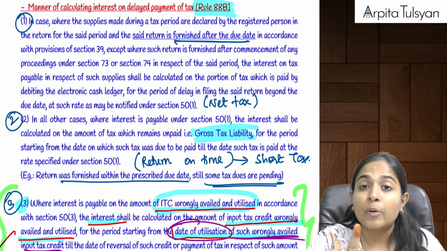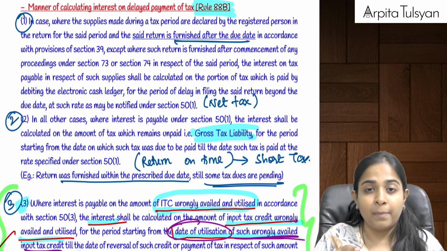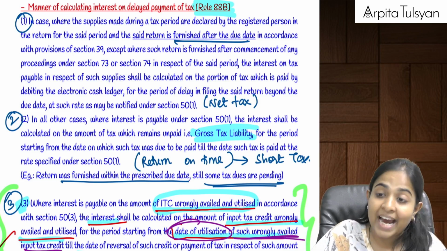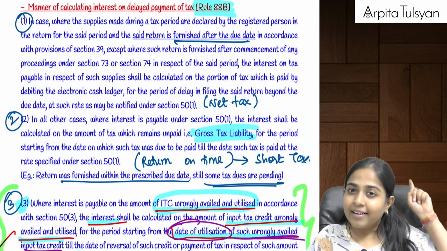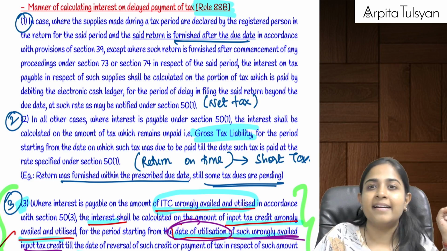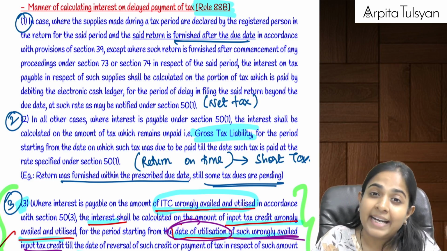Government says now nothing doing. Now there is a short payment of tax. So interest will be payable on that entire 10 lakh rupees that you are going to pay by cash plus credit ledger. Did you understand the difference? In the earlier case, because there was the belated return concept, government told you to pay the interest on net tax liability.